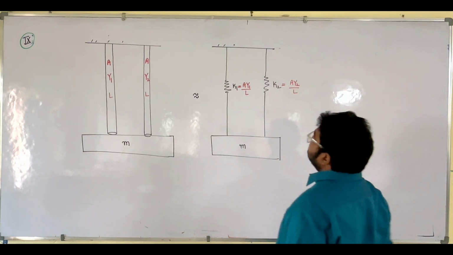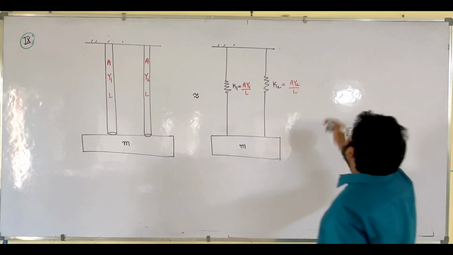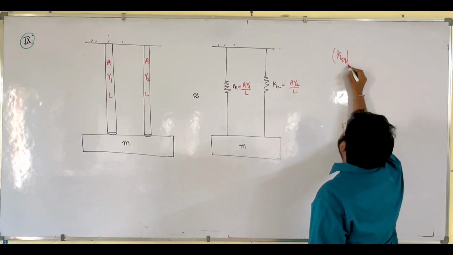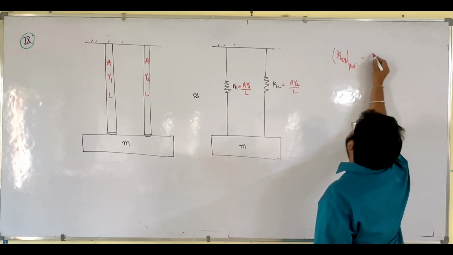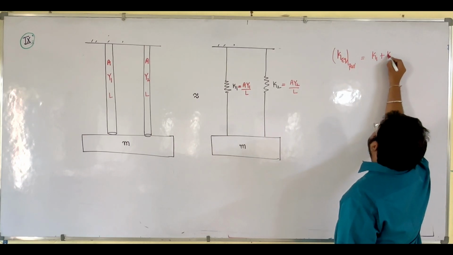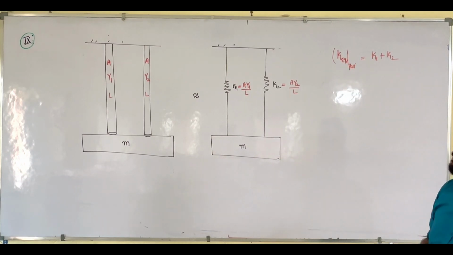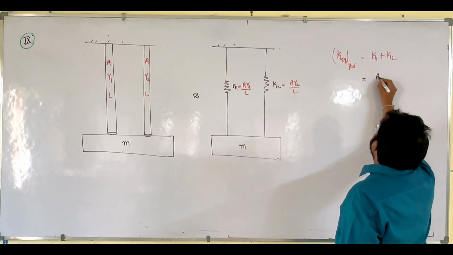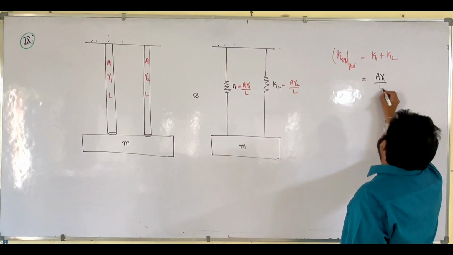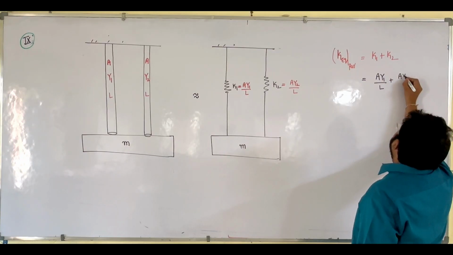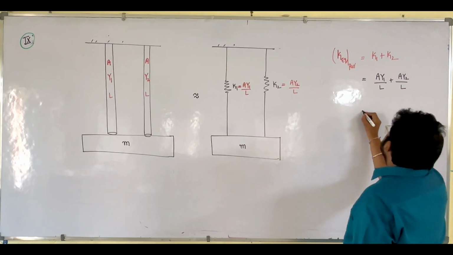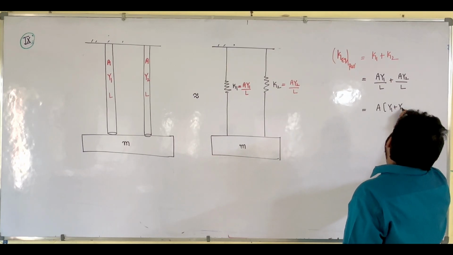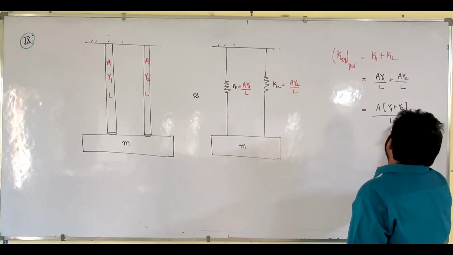AY2 by L. So K equivalent in parallel combination is K1 plus K2, that is AY1 by L plus AY2 by L, so A into Y1 plus Y2 by L. Okay?